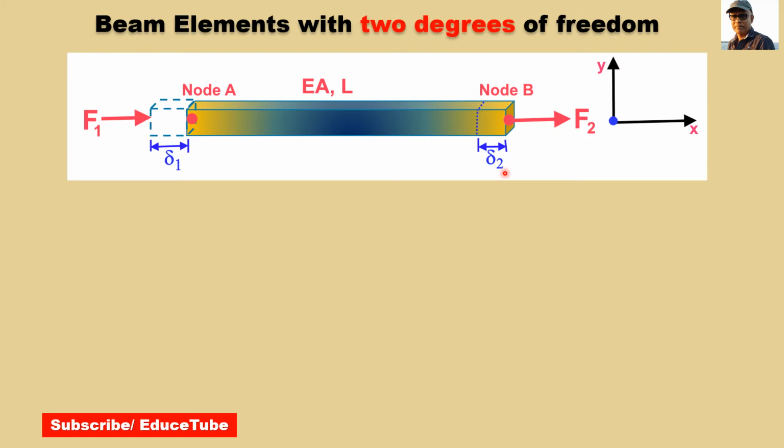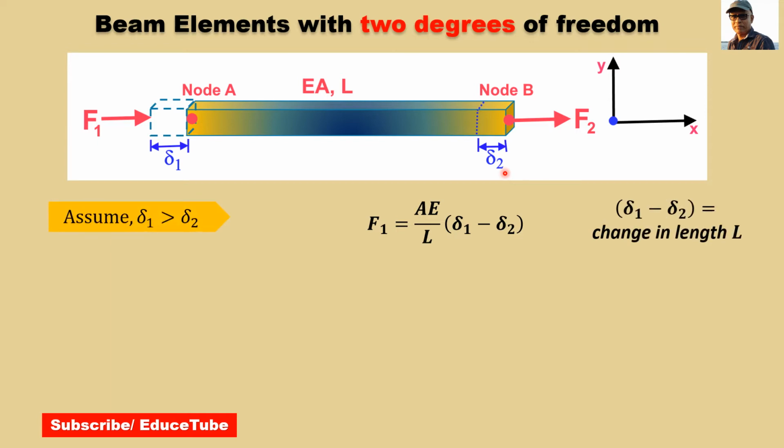Now, if we want to get force displacement relationships, how to get that? This is the thing. This force equals AE over L times the change in length. But make sure delta 1 must be greater than delta 2.